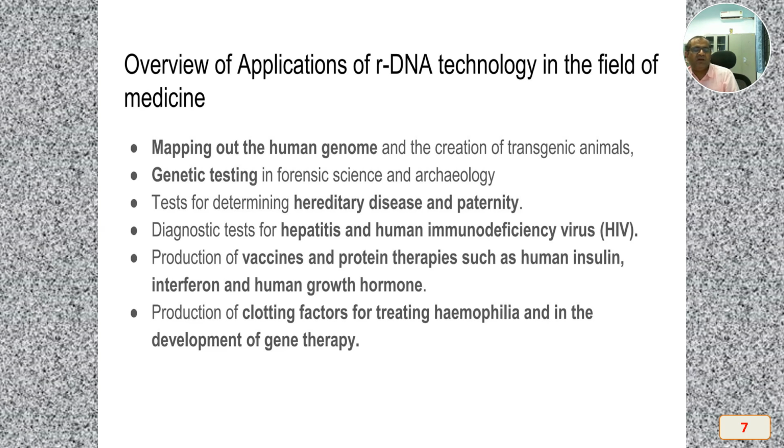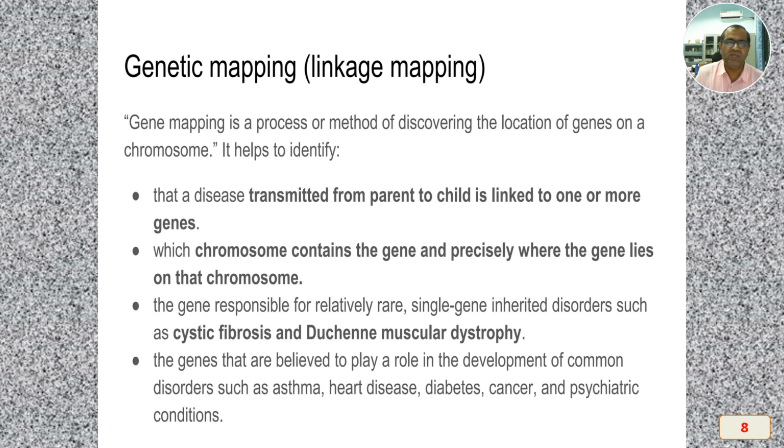There are tests developed for determining hereditary disease and paternity, and diagnostic tests for hepatitis and human immunodeficiency virus, that is HIV. There is also production of vaccines and protein therapies such as human insulin, interferon, and human growth hormone, and production of clotting factors for treating hemophilia, and the development of gene therapy.